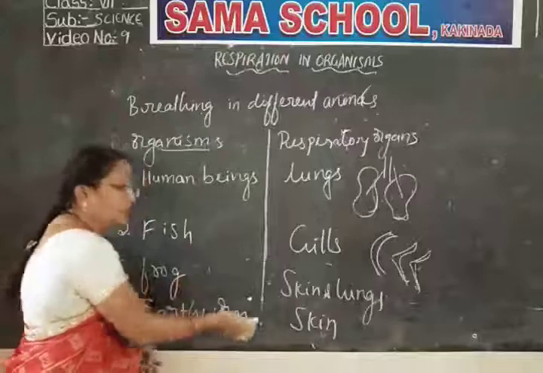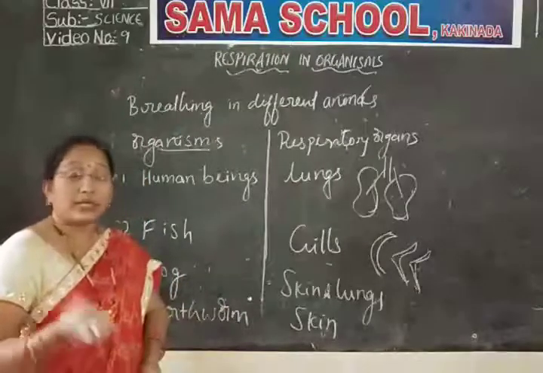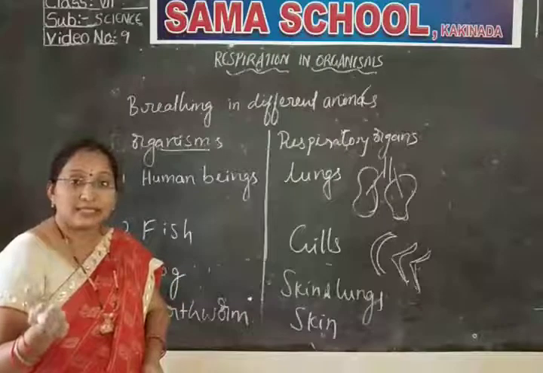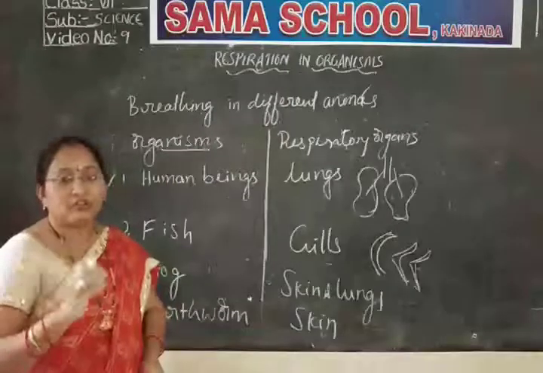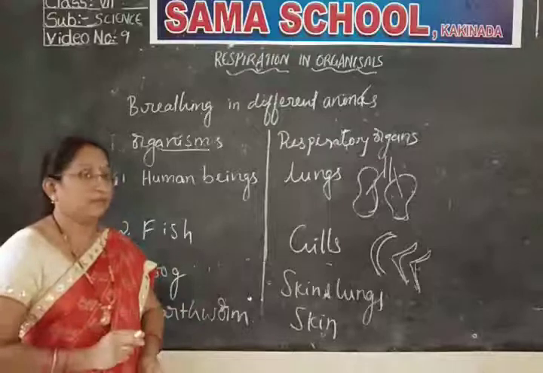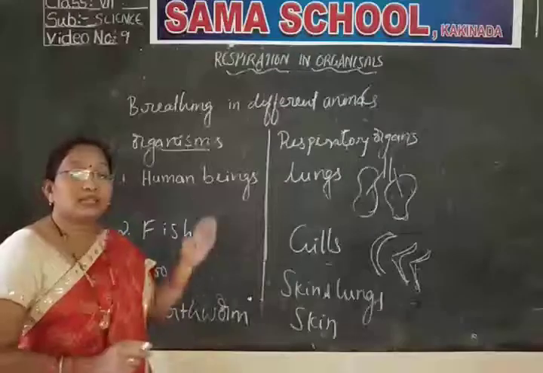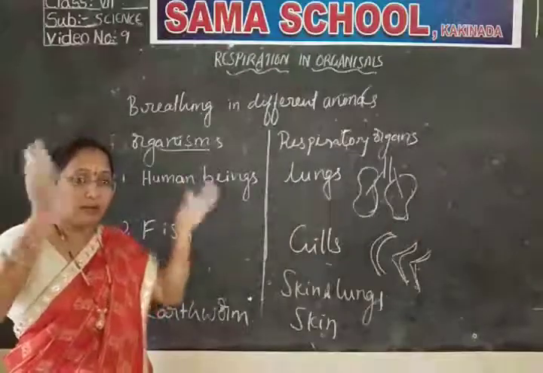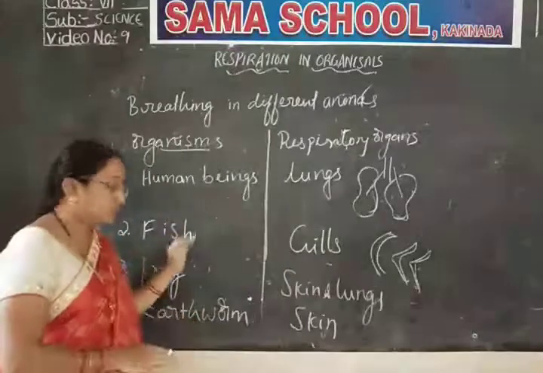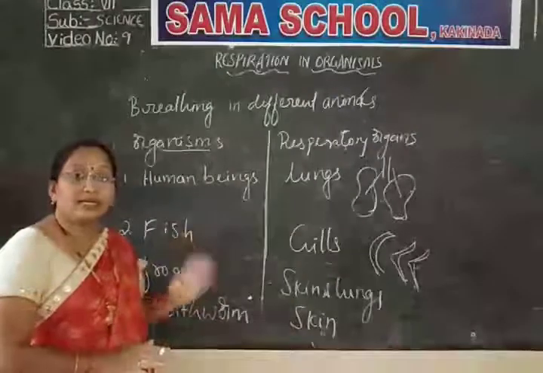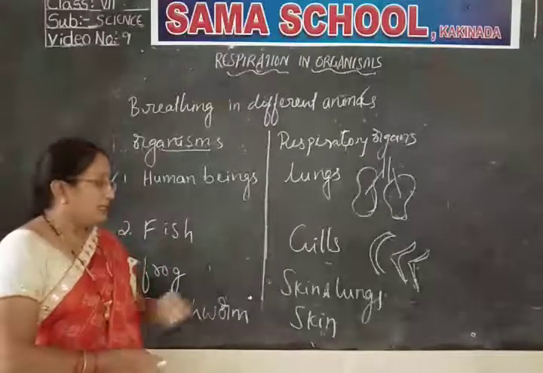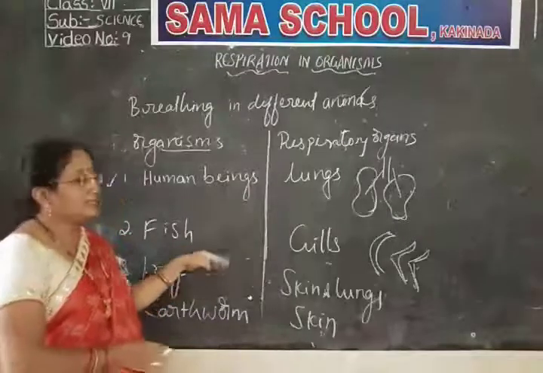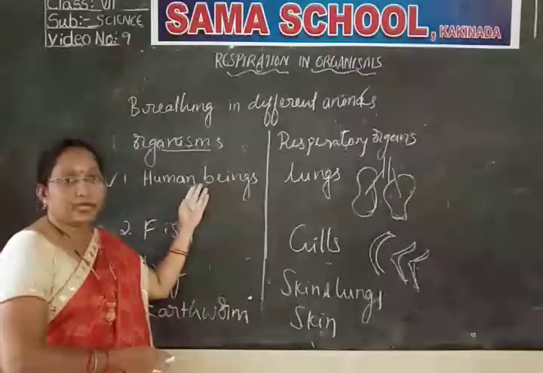These three are invertebrates. What is the difference between vertebrates and invertebrates? You will learn it in classification of organisms in your 9th standard. Vertebrates means those having a vertebral column, backbone, and fish and frog are invertebrates, which do not have a vertebral column. These are low developed animals. These are higher developed animals.